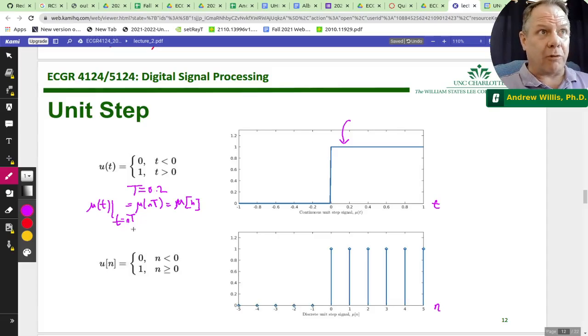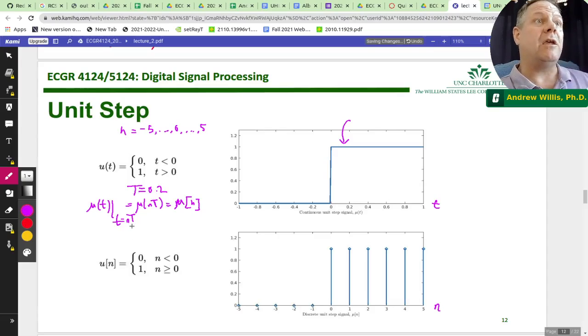So with T equal to 0.2, we'll let n go from minus 5 all the way to 5. So the product n times T, what is that going to be for minus 5? It's essentially 0.2 times all these values. What's 0.2 times 5?